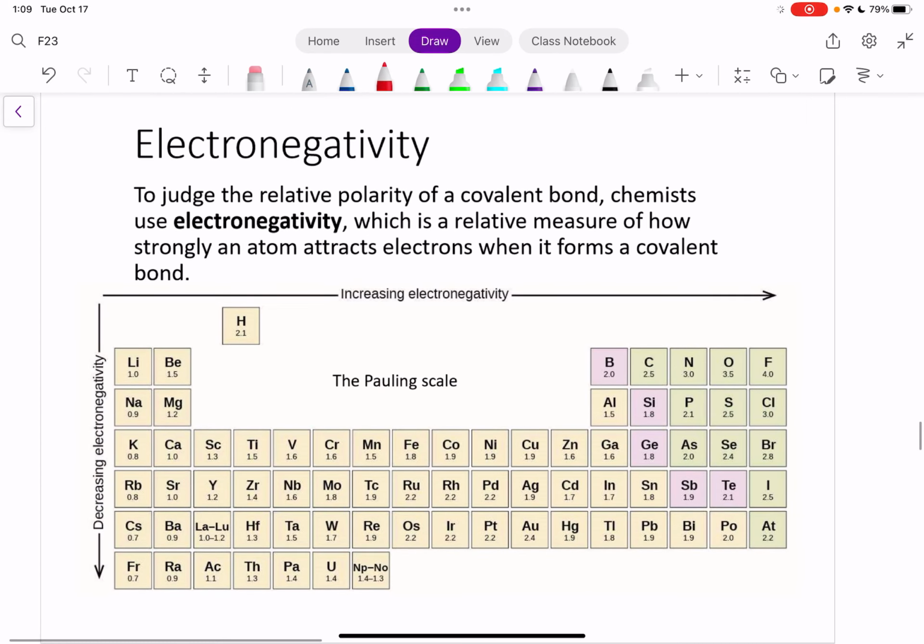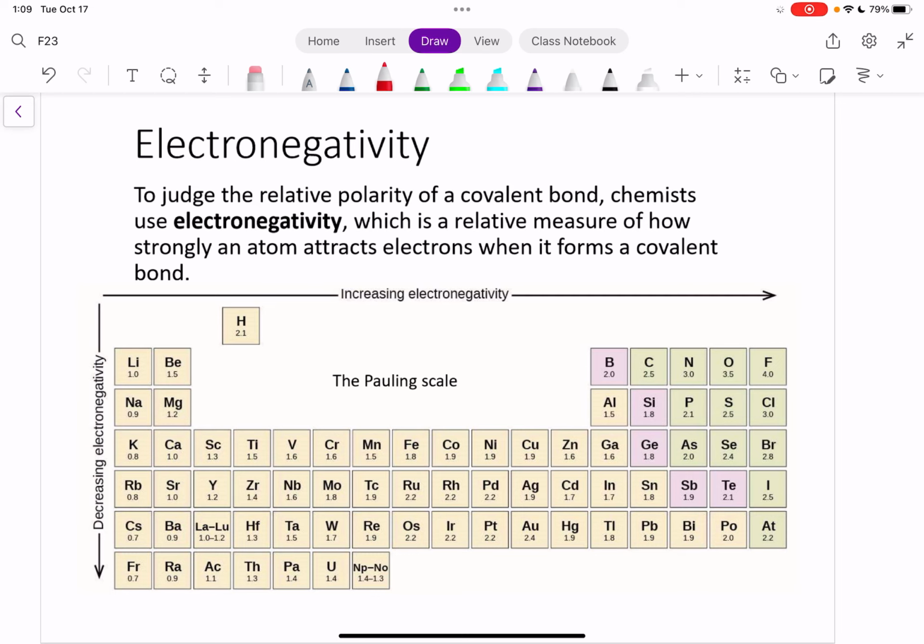All right, now we can actually judge the relative polarity of these covalent bonds using something called electronegativity, which is a measure of how strongly an atom attracts electrons when it forms a covalent bond.